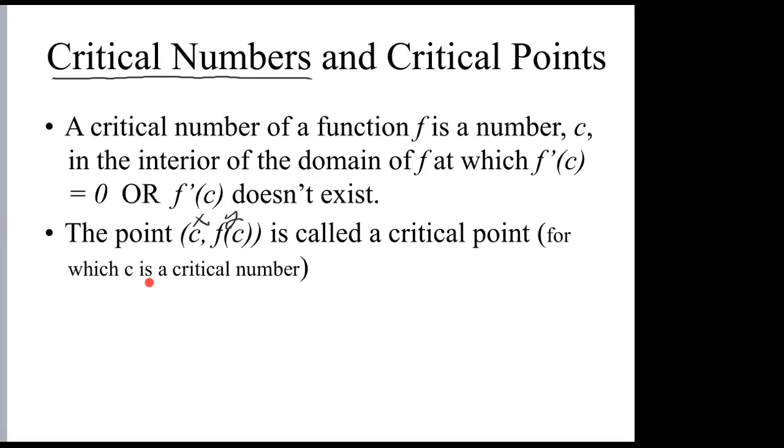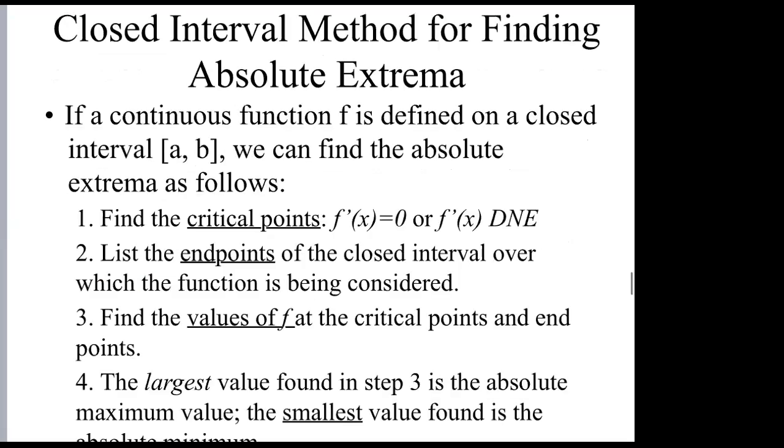Another way that we could find global extrema is by doing the following. We call this the closed interval method for finding absolute extrema or global extrema. We have the criteria of the extreme value theorem: a continuous function on a closed interval. We start by finding those critical points. Find where the derivative is equal to 0. Find where the derivative doesn't exist. Second, I'm going to list the endpoints.